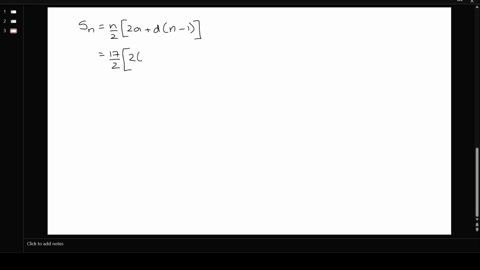The A number was 4, so we put 4 in brackets. The D number was 7, so I put a 7 in there. N again was 17, so I plug in 17 minus 1. And 2 multiplied by 4 is 8, plus 7. 17 minus 1 is 16.